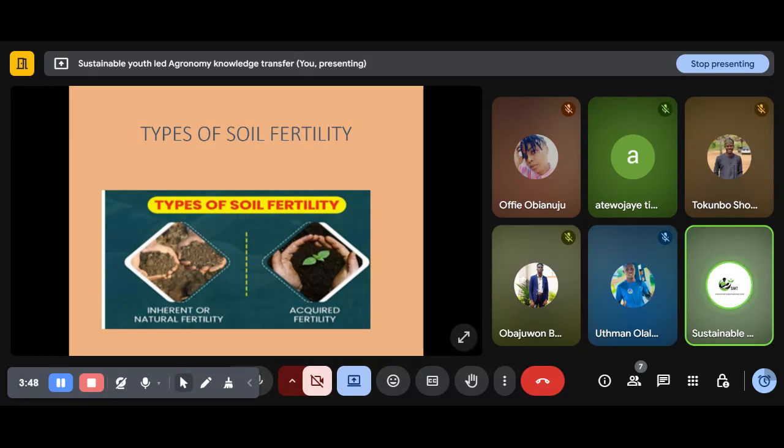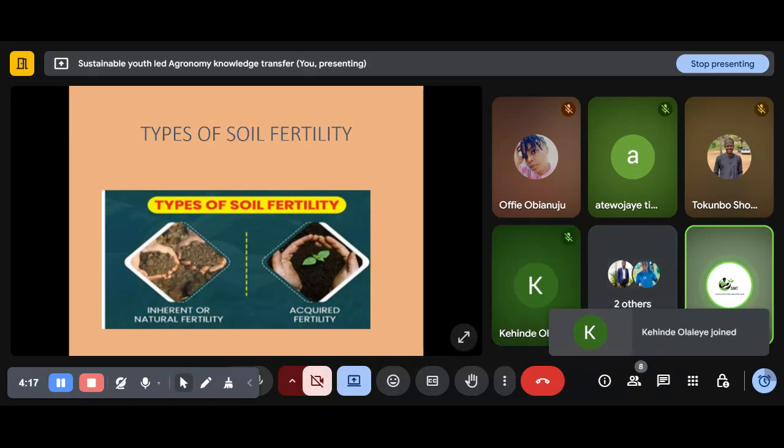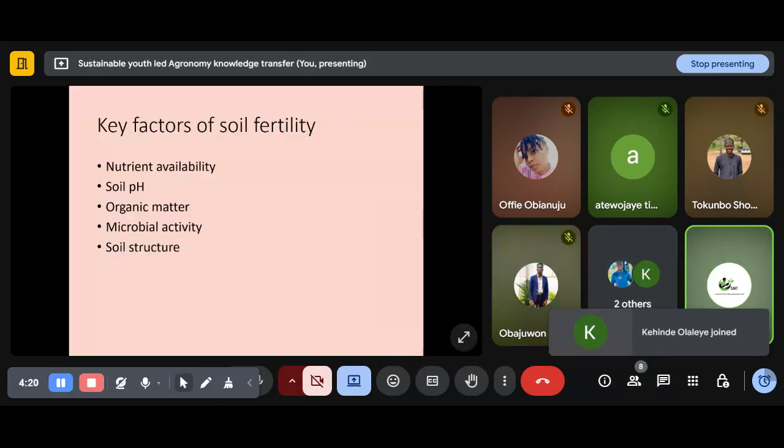So this particular soil has inherent or natural fertility, that is, it is fertile naturally. While acquired fertility is when you work on the soil. For example, you discover that this soil is not fertile enough, so you add compost, you add manure, you add other agents to make the soil fertile. That is what we call acquired fertility.